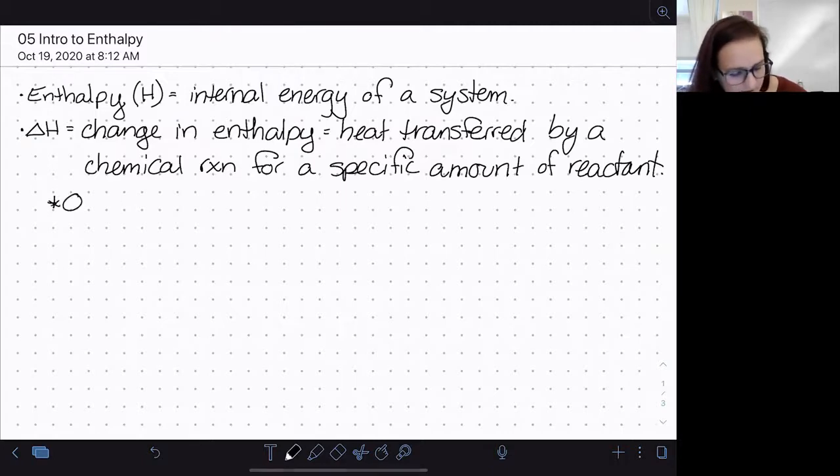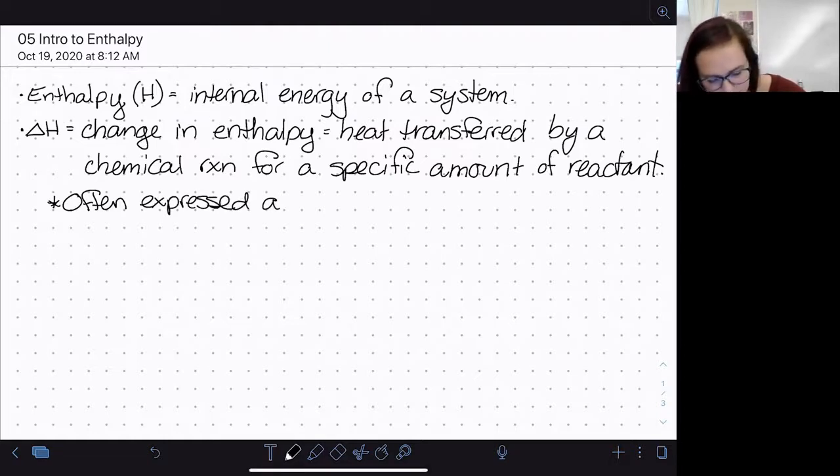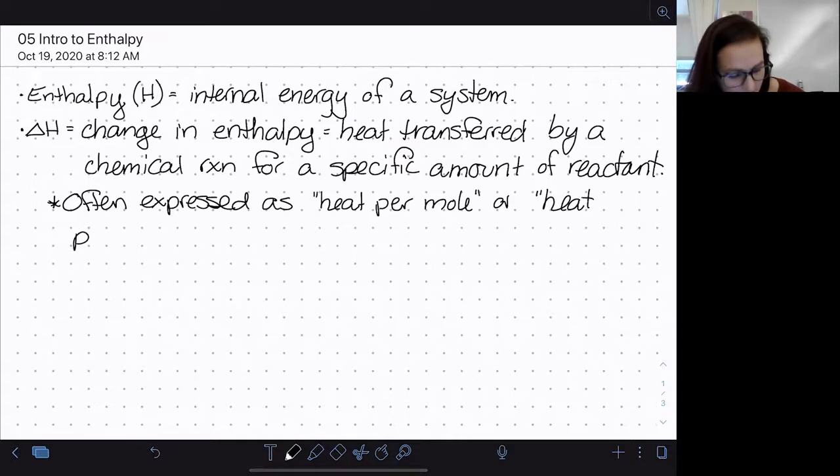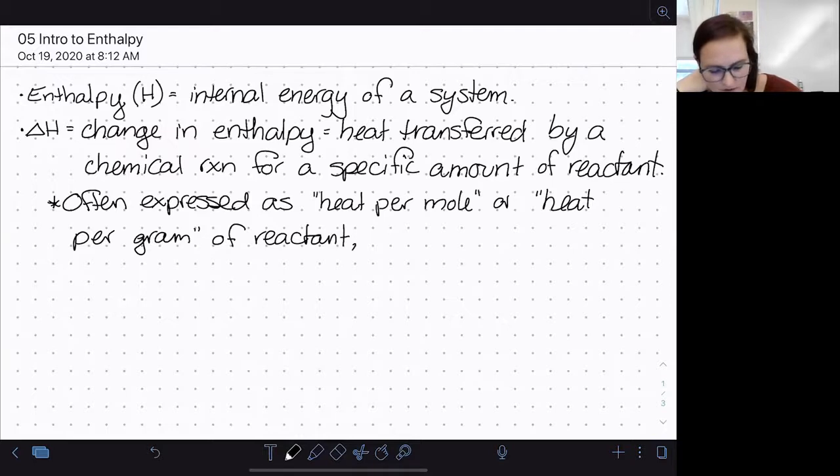So it's most commonly expressed as heat per mole, or sometimes heat per gram of reactant, or what's known as heat per mole of reaction.